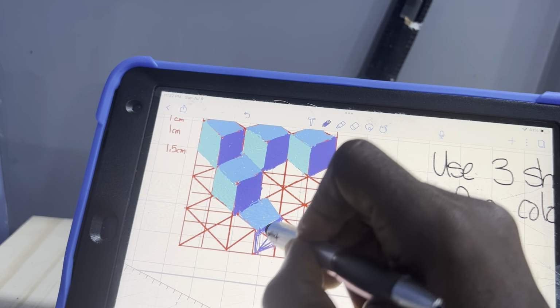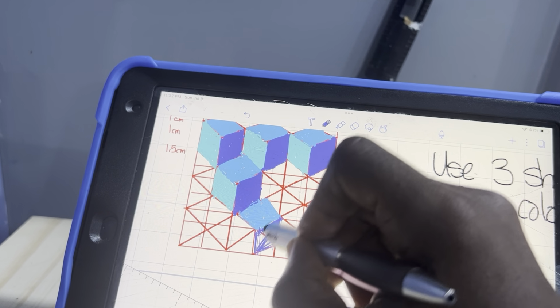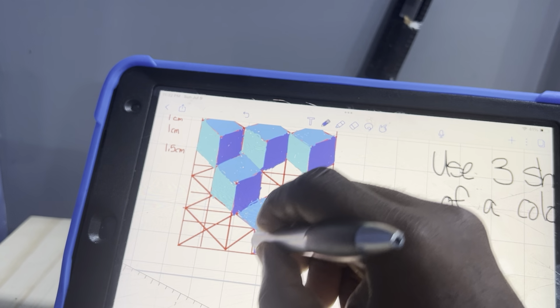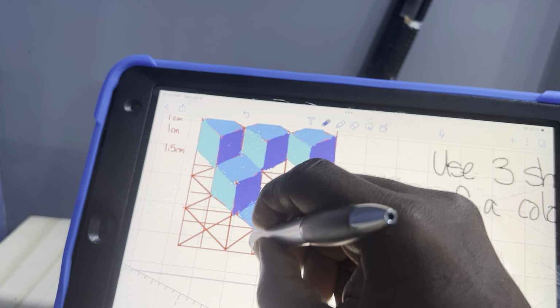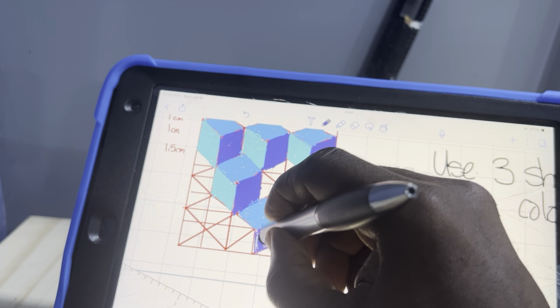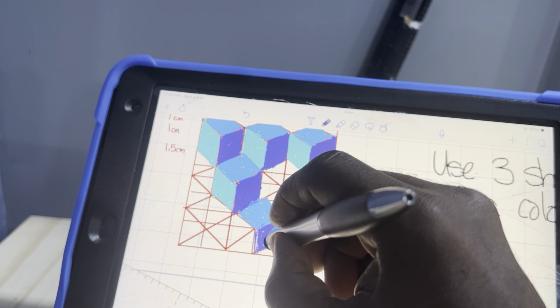And the fun thing about this exercise is as you go through it, the dimensions open up as you start to color and put it together. You start to see it come together, which is pretty fun.